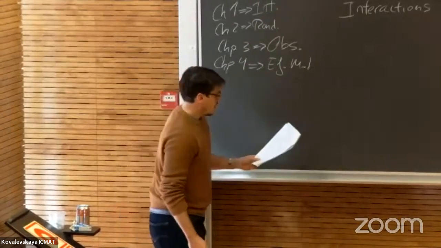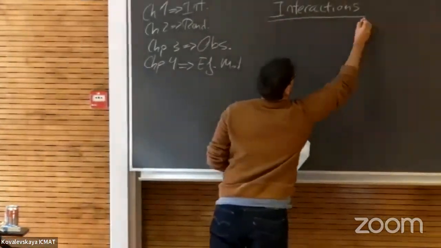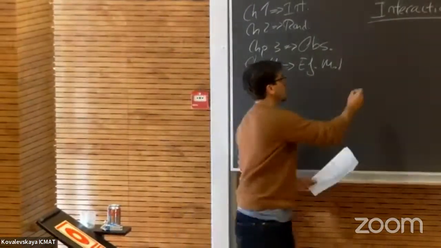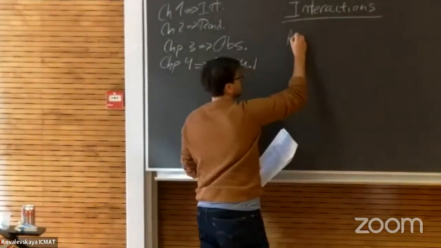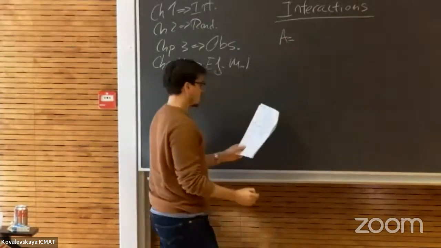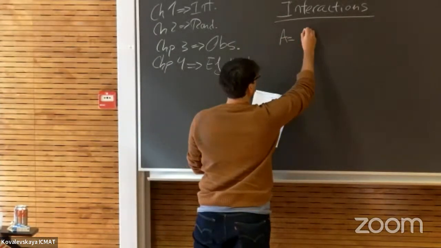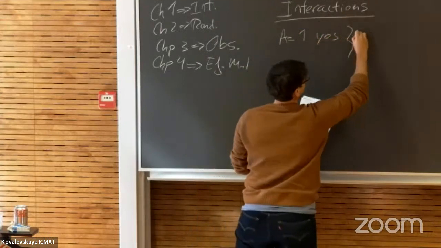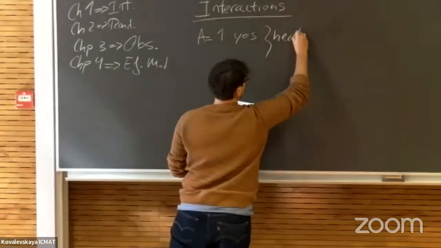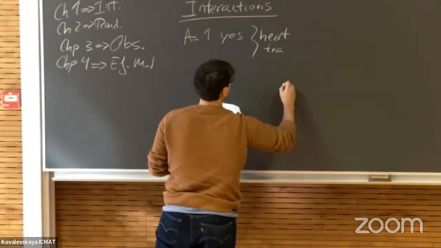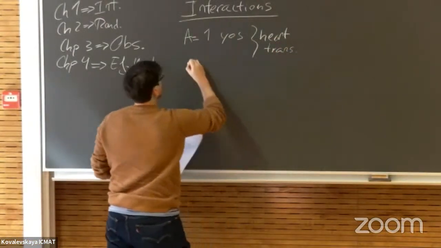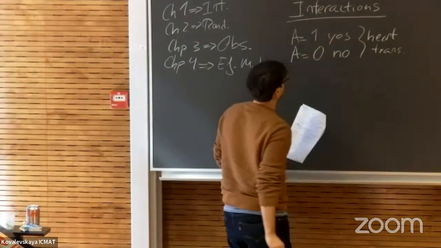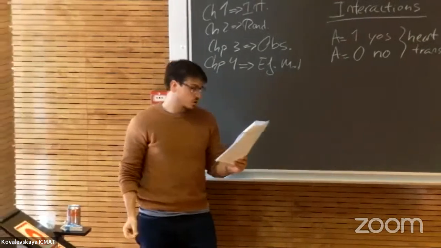So, going back to another example that we have already treated. We have this experiment where we have a treatment that is to do the hair transplant when A is equal to 1, and to not do the hair transplant when A is equal to 0.